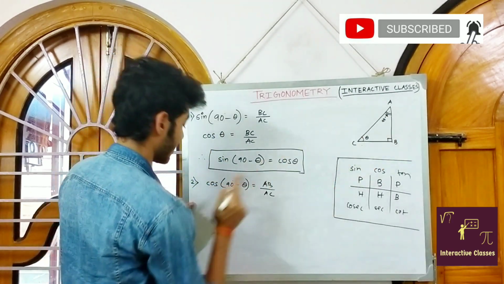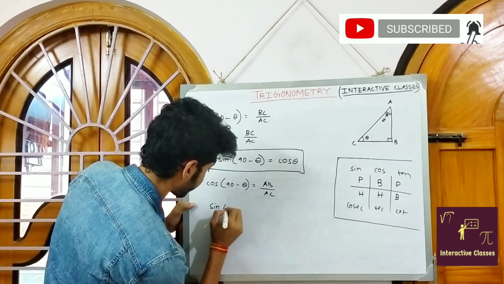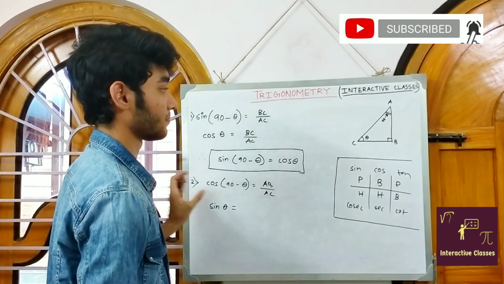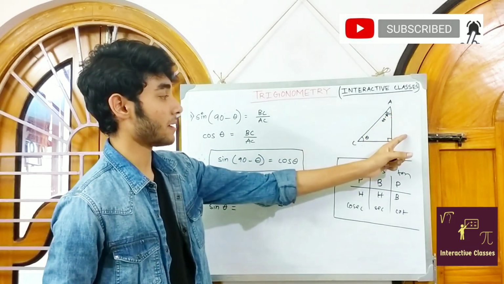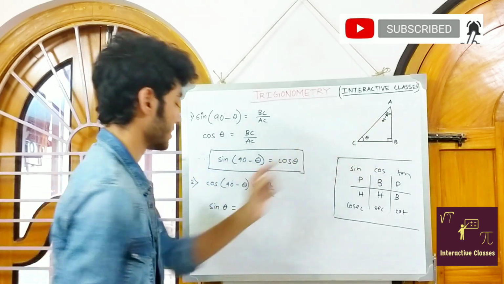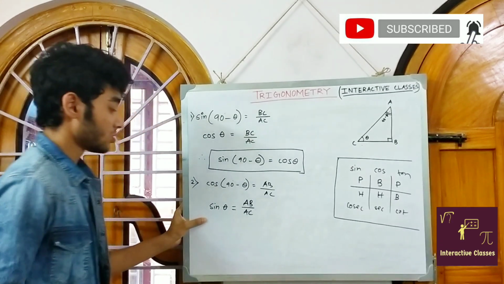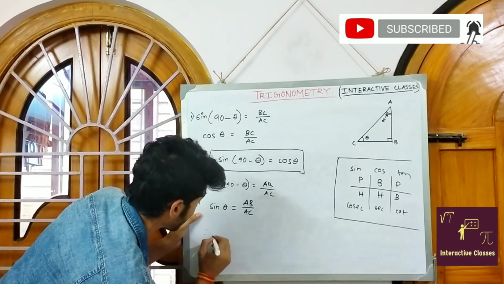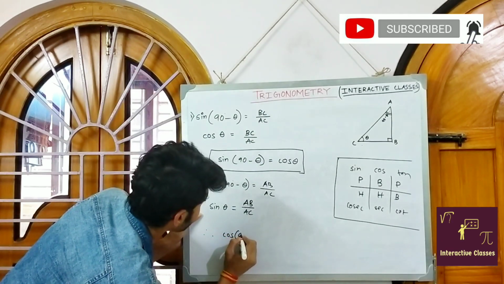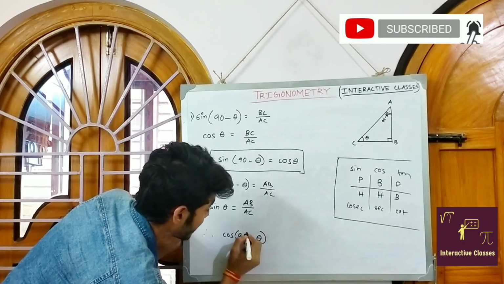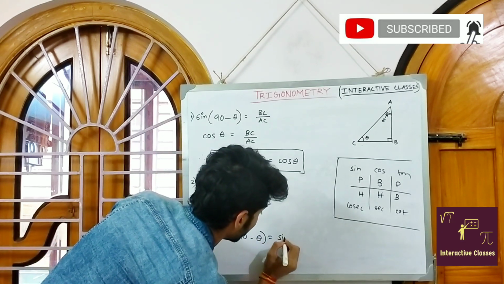Also from this aspect, sin theta is perpendicular by hypotenuse, that is AB by AC. So we can say that by comparing, cos 90 minus theta is sin theta.